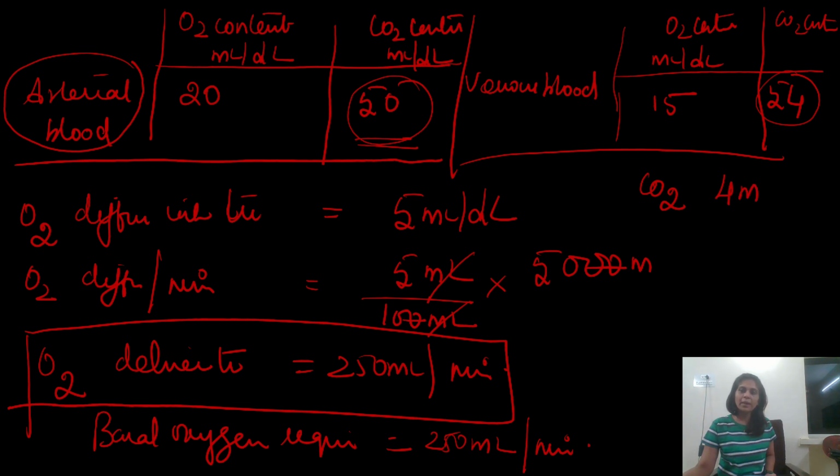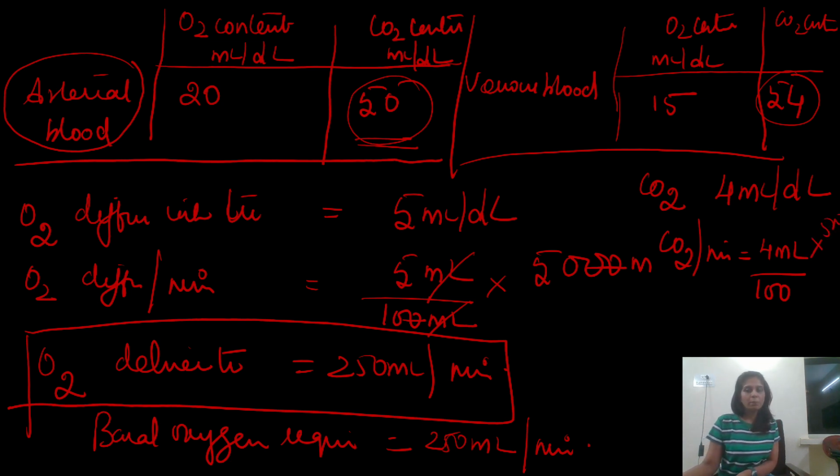It is 4 ml per deciliter. So carbon dioxide taken off per minute: 4 ml per deciliter tells you if 100 ml is the blood flow, tissues give off 4 ml of carbon dioxide. So if 5000 ml is the blood flow per minute, it is 200 ml per minute.